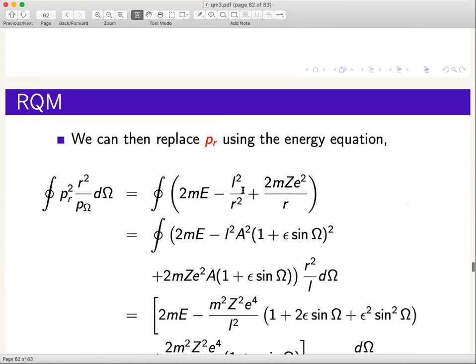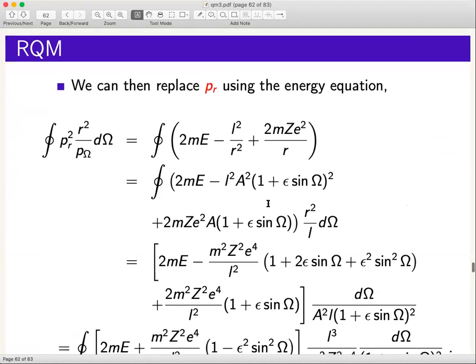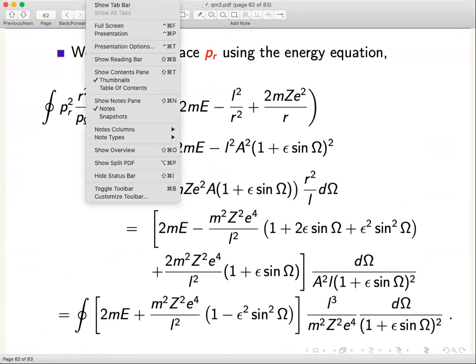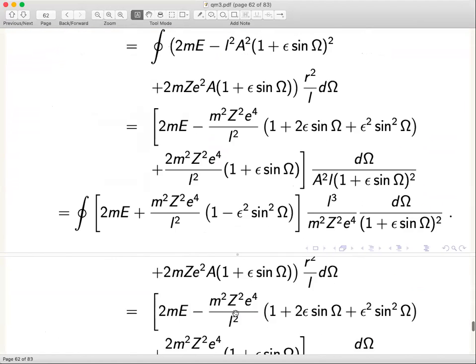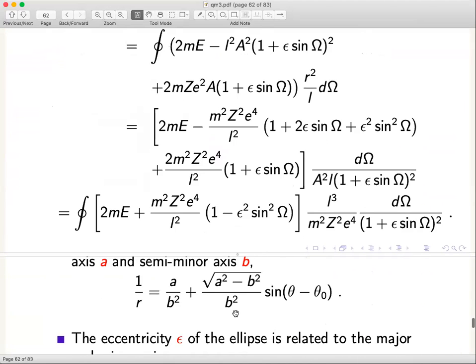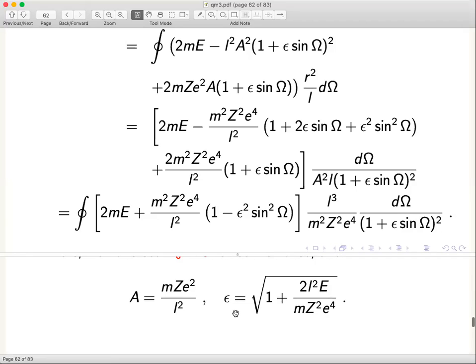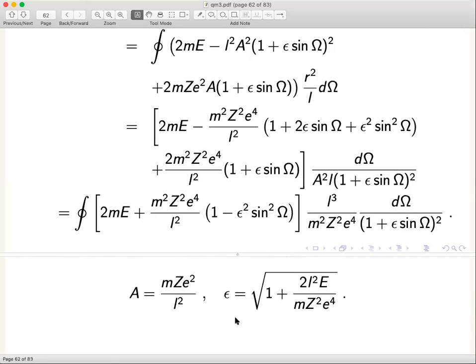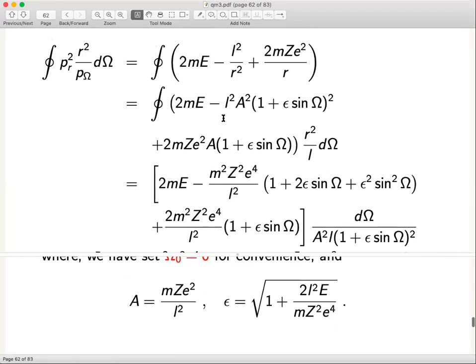Fine. So this is a bit of algebra, but let's go through this piece. I just want to keep some relations here. So we have an expression which looks like this, and what we want to do is to replace the quantities in terms of A and epsilon.